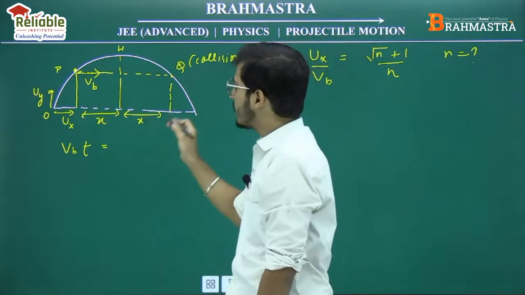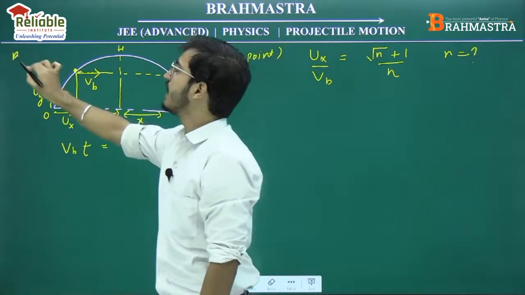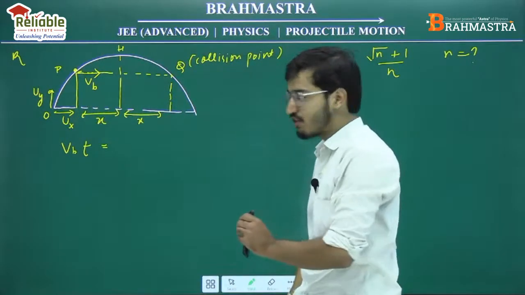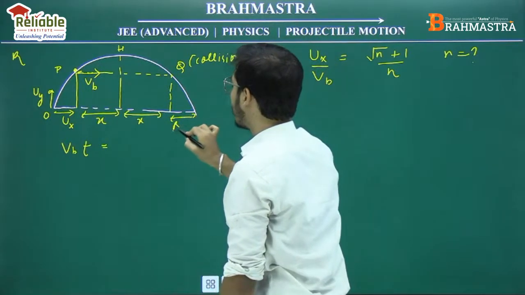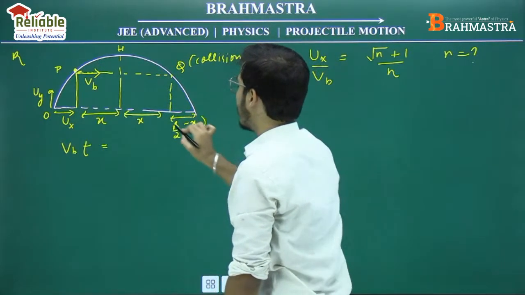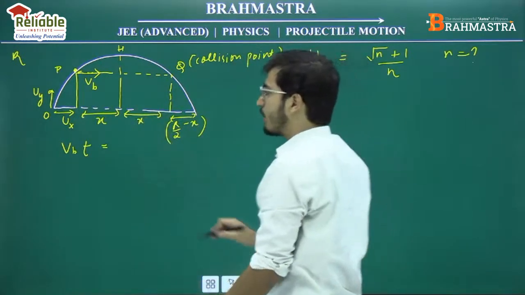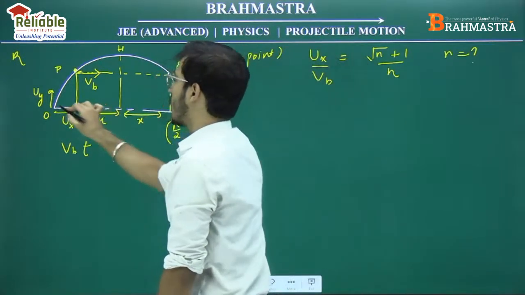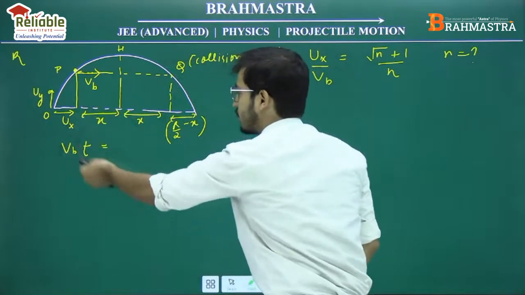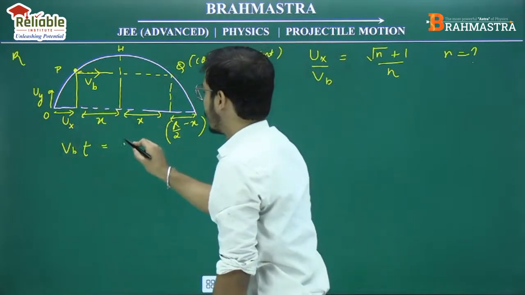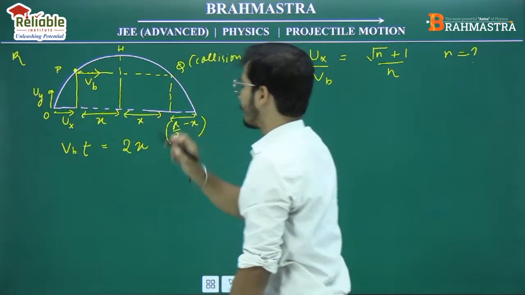Let's call the range for this projectile R. If that is the range, then what is going to be this distance? This will automatically become R by 2 minus x, and by the symmetry of the parabola this distance is also R by 2 minus x. So VB, the velocity of the bird, into time t will come out as 2x.